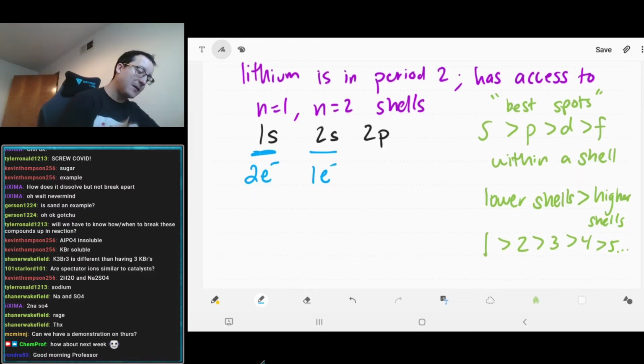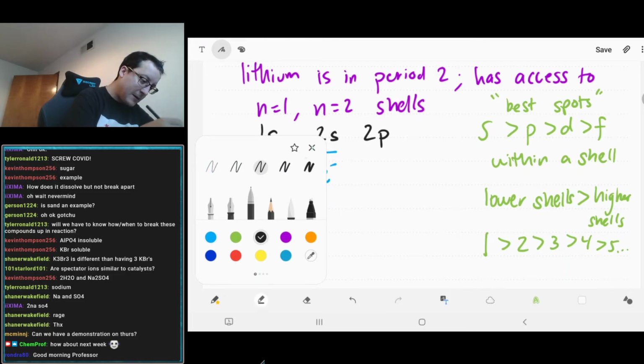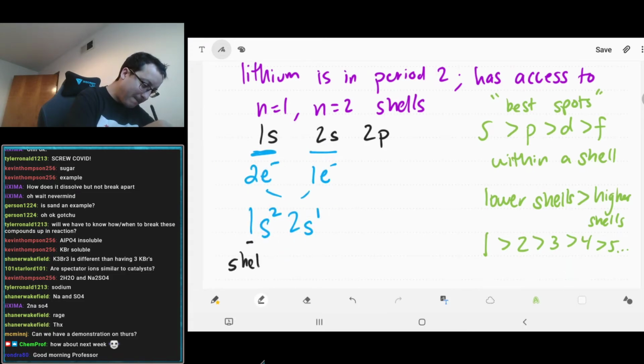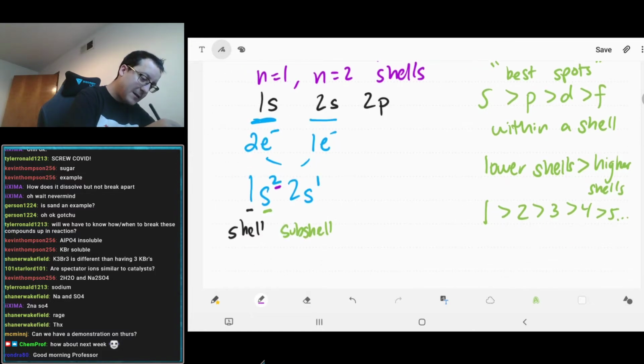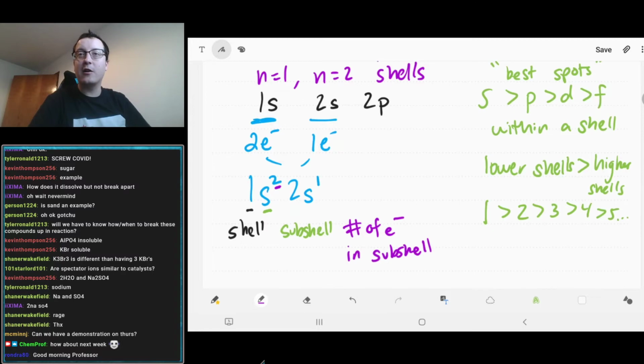The way we describe this is we'll write it like this, where this is the shell, this is the subshell, and then this number here is the number of electrons in the subshell. So hopefully the color coding will work here.